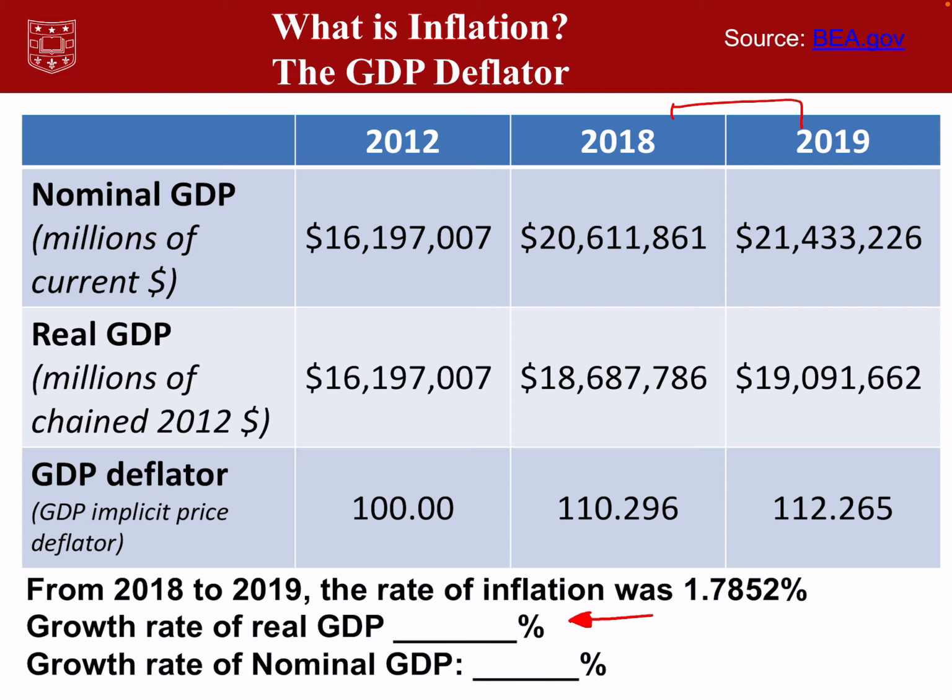Then for the next participation question, calculate the predicted percent change in nominal GDP. In other words, you have the rate of inflation, you have calculated the growth rate of real gross domestic product.